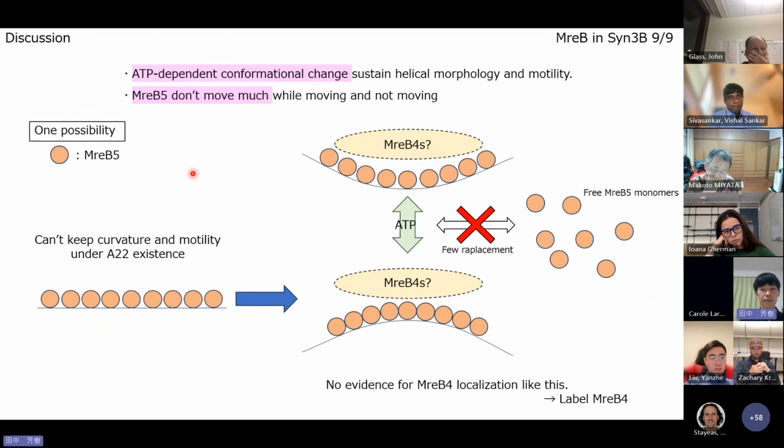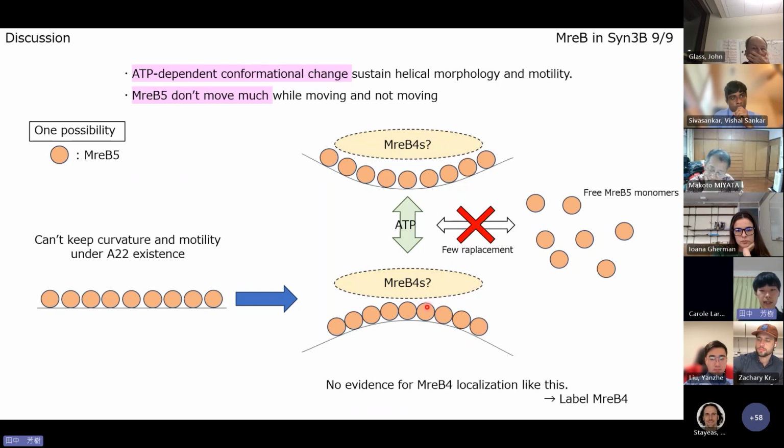I considered a mechanism which can explain these results. Please notice that this is just one possibility. As found in the A22 experiment, the cells are straightened when there is no interaction between MreBs. When the interaction is restored, MreBs can make curvature.